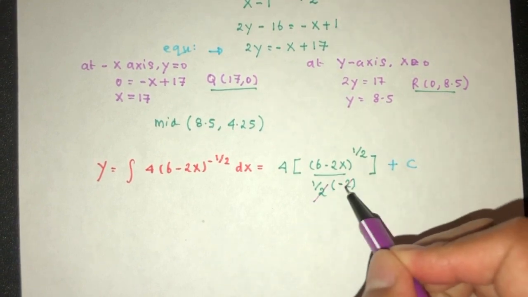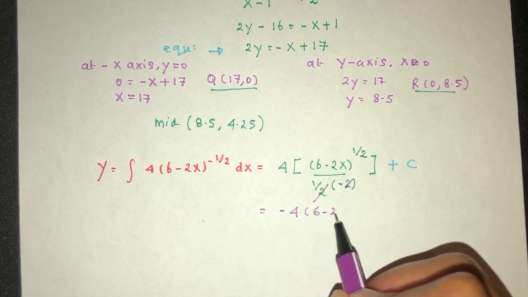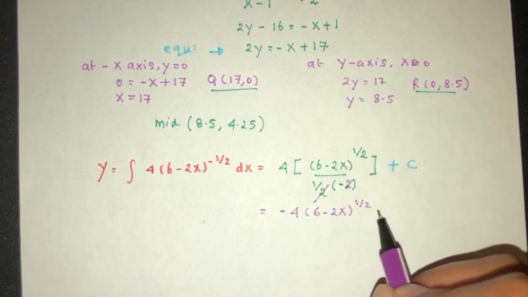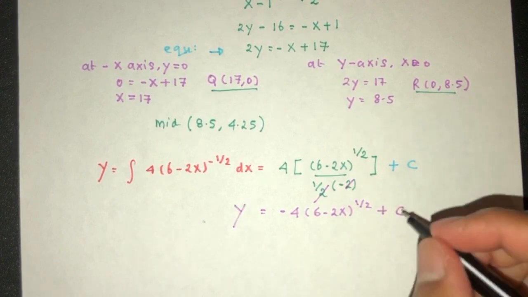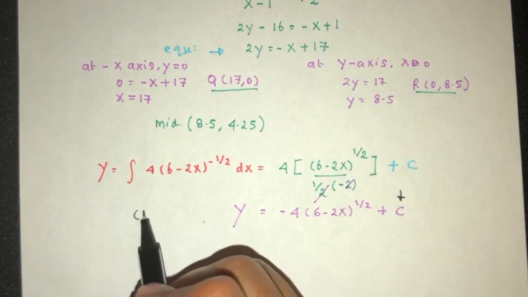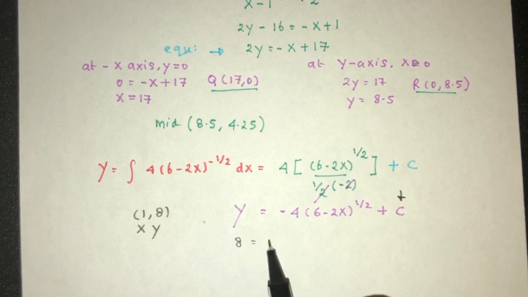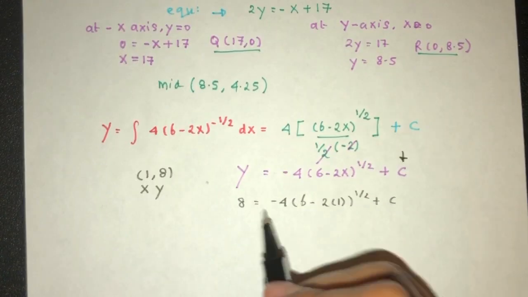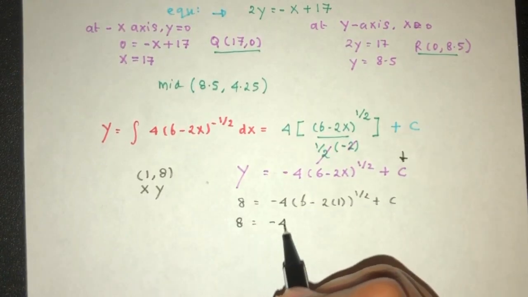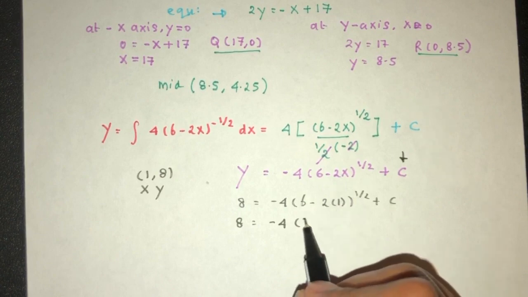So this and this will cancel out, it will become minus 4(6 minus 2x) to the power of half plus c, that is y. Now we have to find the value of c. We have to use the passing point, x and y. y was 8, x is 1. So 8 equals minus 4 times (6 minus 2) to the power of half plus c. 6 minus 2 is 4, power half is 2.